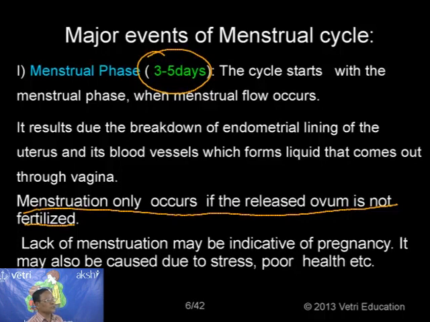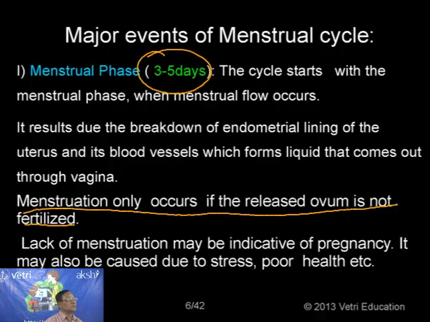So if the egg is fertilized, what will happen? It gets embedded in the wall of the uterus and undergoes further development. There is no further menstrual flow, no menstrual cycle, until the pregnancy has been completed and the child has been delivered. So that is an indication of whether the female is pregnant, whether she already has the child in her womb. Only then does the pregnancy occur, and there is no menstrual flow.